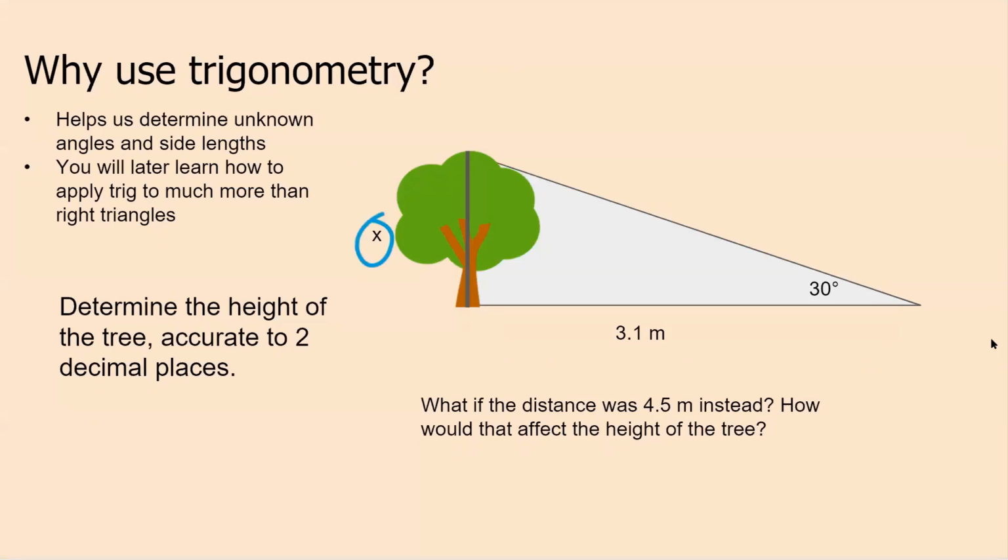We want to find how tall this tree is. Now what we do know, let's suppose we're standing over here, looking at the tree, and it's an exact 30 degrees from our view from the top to the bottom. And we're standing exactly 3.1 meters away from the tree. Now we want to find the height of the tree accurate to 2 decimal places.